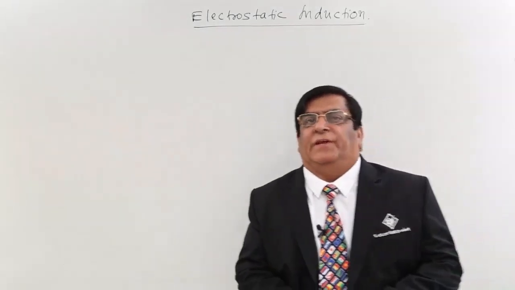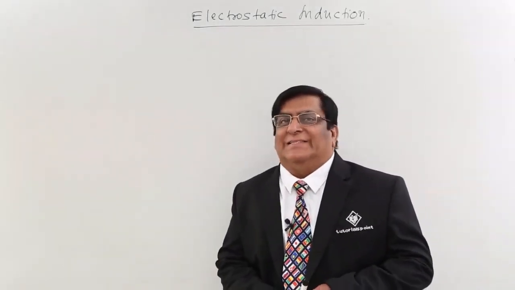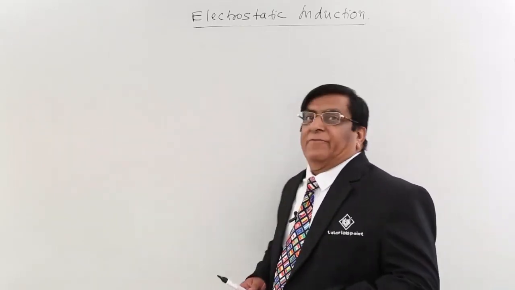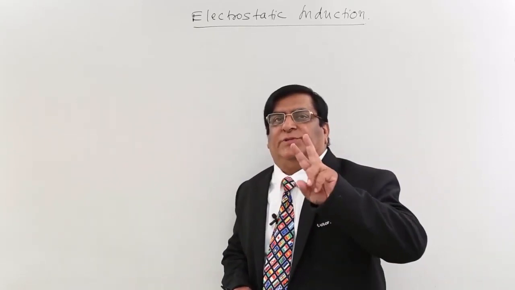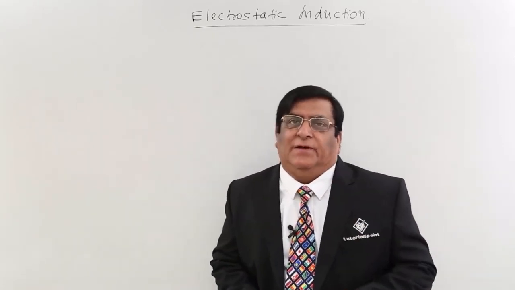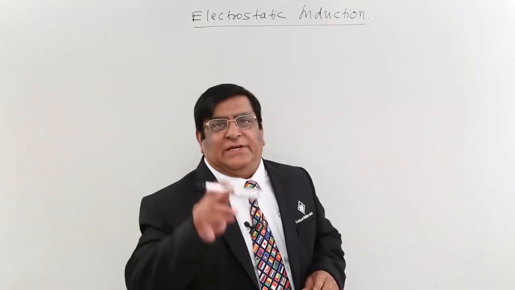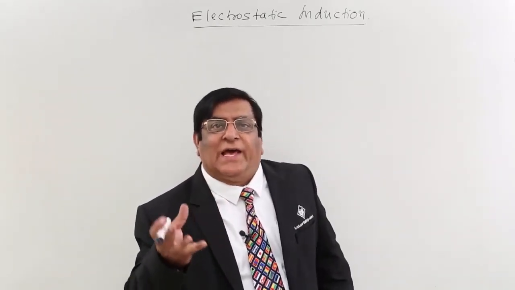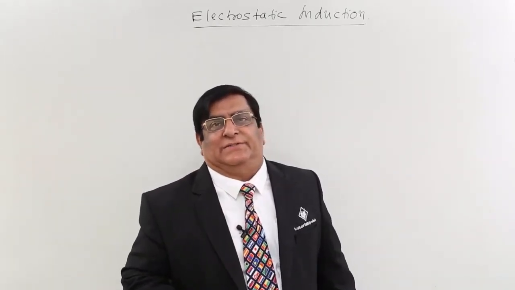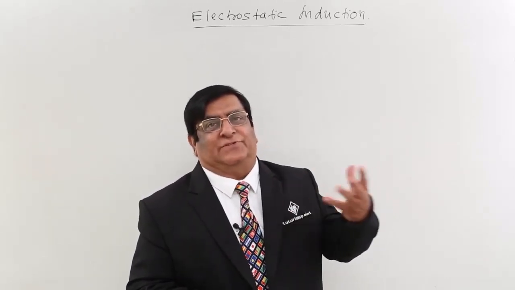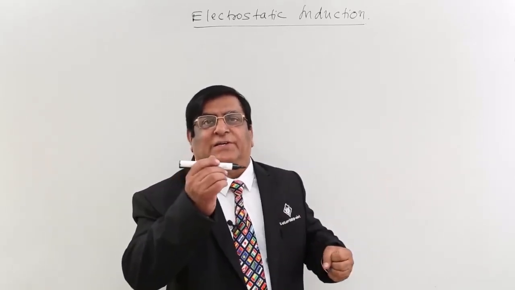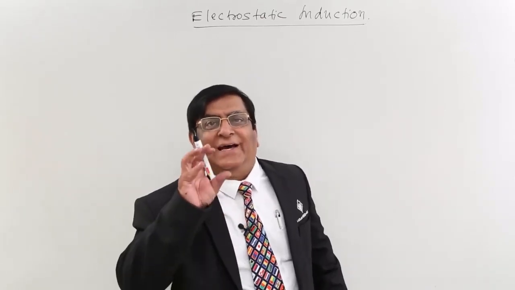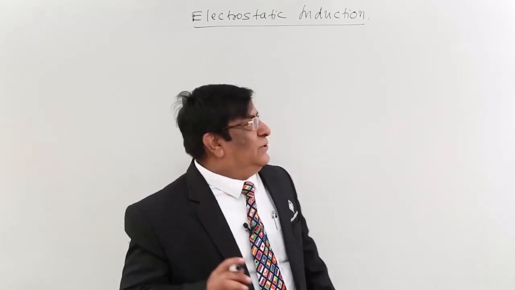Now we are doing a very important topic, that is electrostatic induction. I want you to understand one or two things beforehand. Number one, we take any material, and it has negative charges as well as positive charges. How does it acquire these negative and positive charges? We have learned that in the atom the net charge is 0.